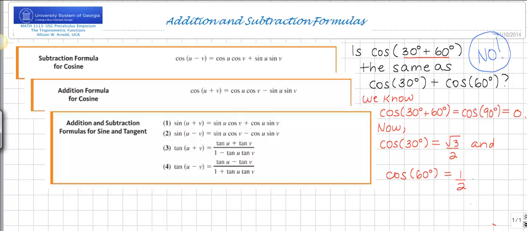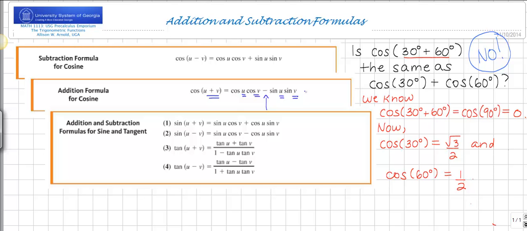Now in your ebook, the author of the text has carefully derived what actually is true, and I would like to make a note of it here. What really is true is that the cosine of the sum of two angles is the cosine of the first times the cosine of the second minus the sine of the first angle times the sine of the second. So it's not as simple as you might think.